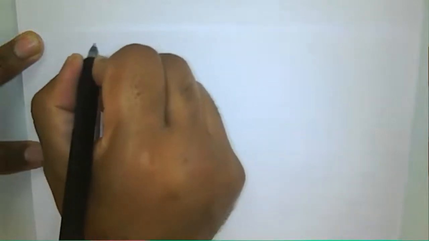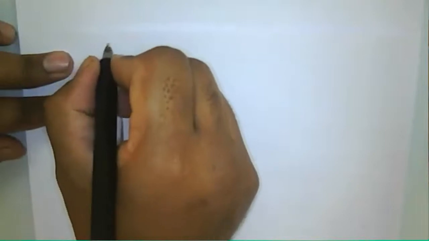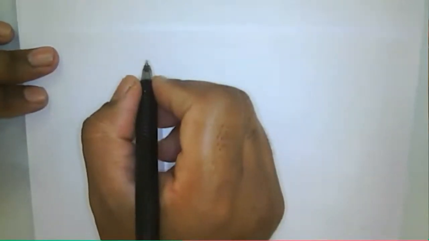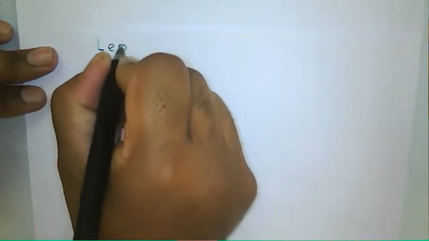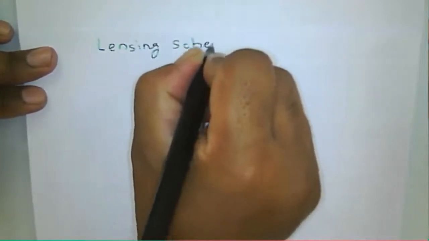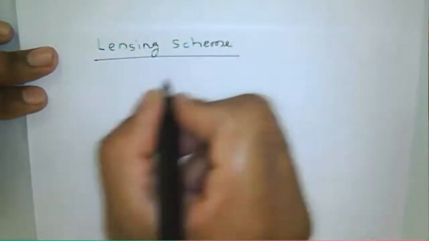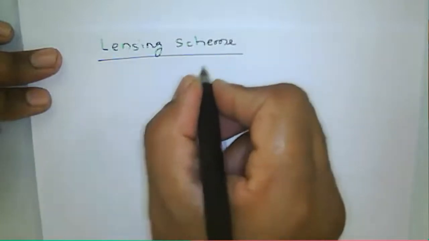Another part is that we need to improve the launching of light inside the fiber, and for that improvement we require a lensing scheme. The lensing scheme will be required for coupling improvement.